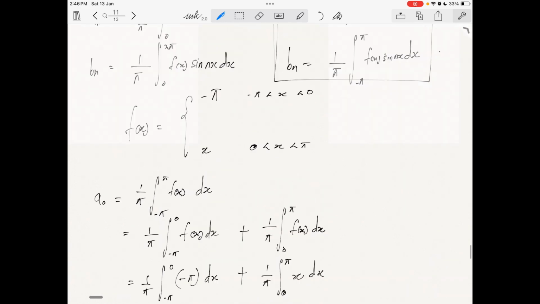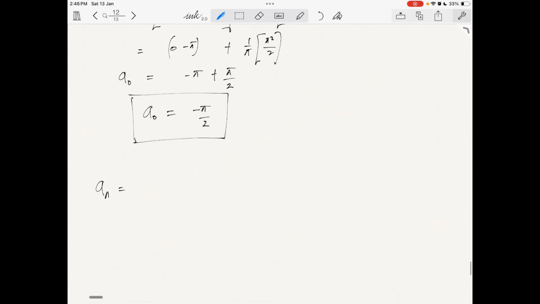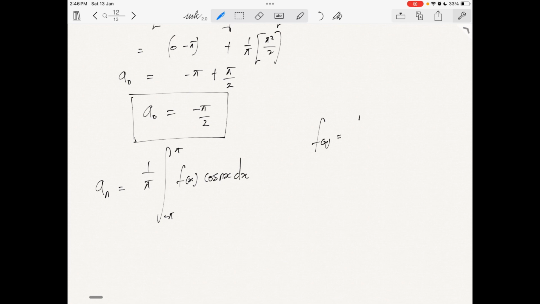Now an from the formula is 1 over pi integral of f of x cos nx dx from minus pi to pi. So we have 1 over pi integral of minus pi to pi of f of x cos nx dx, and we recall that our question is f of x is equal to minus x, this one reading from minus pi to 0, and this reading from 0 to pi.